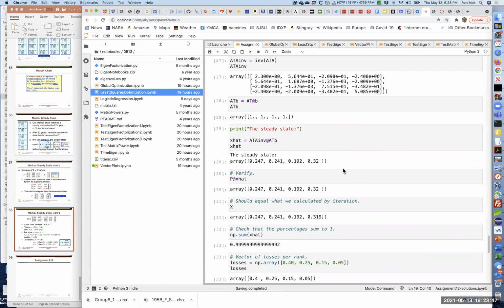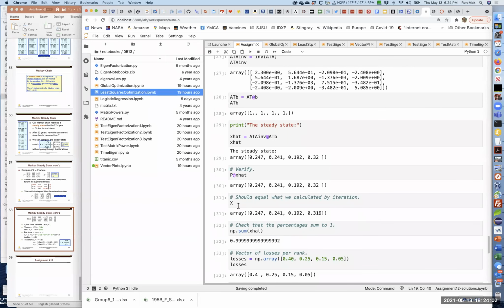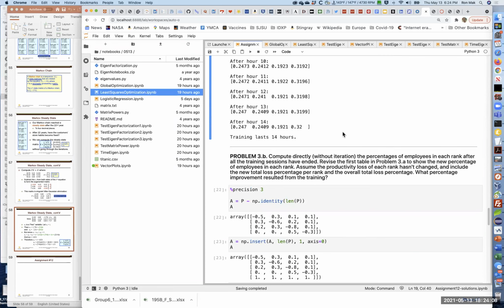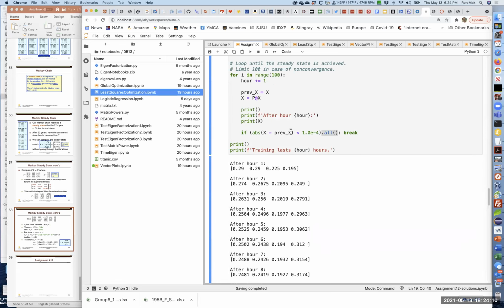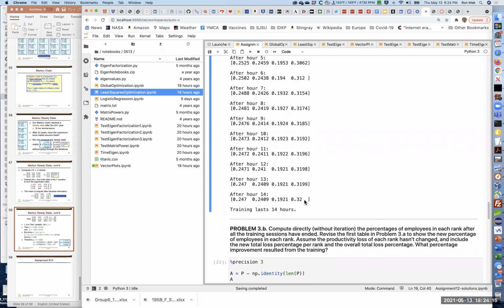We can verify that by multiplying p times x hat, and sure enough, p times x hat is equal to x. And that equals what we had calculated earlier, by using all the iteration, we ended up with this final x, and it was this vector.